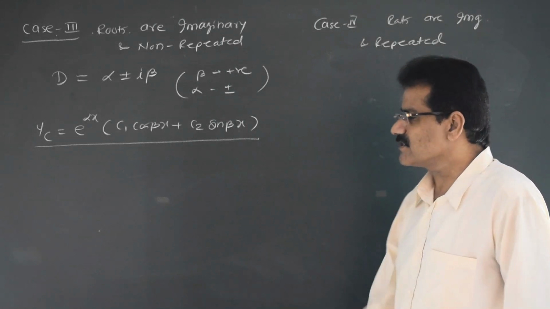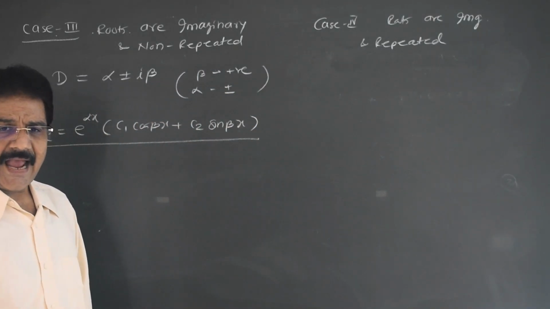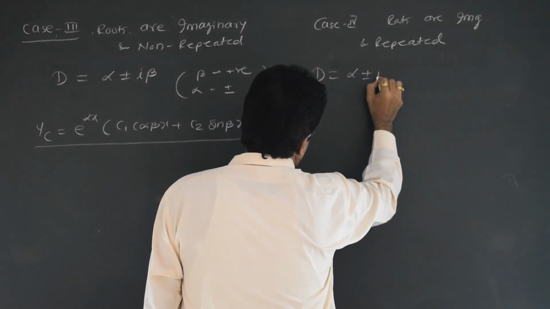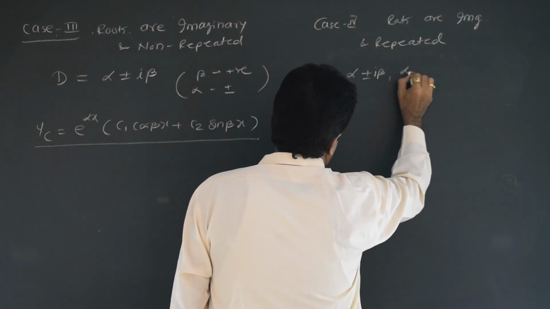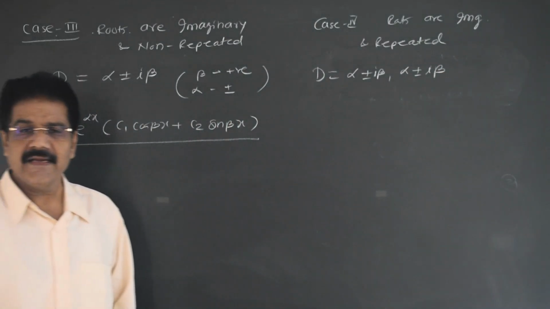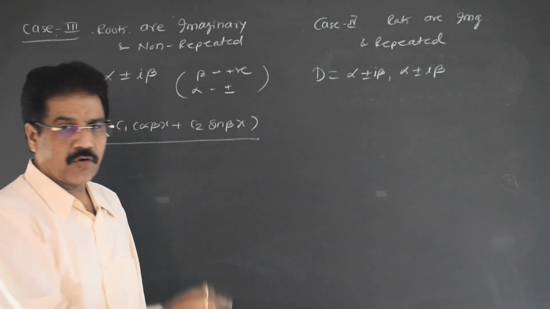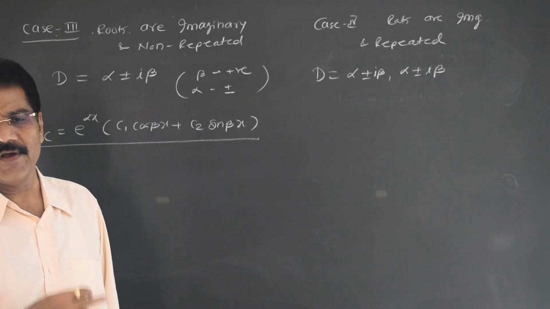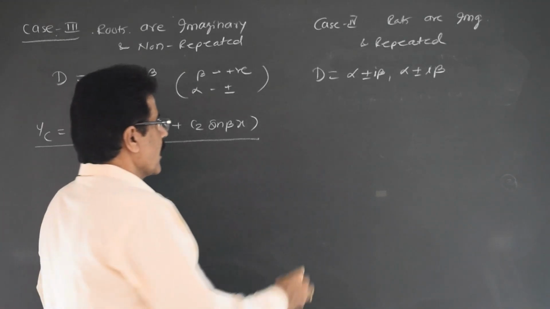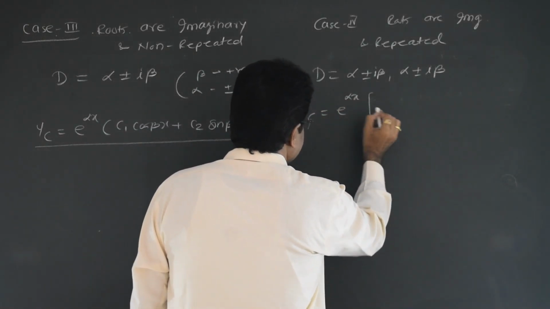Now we will see case number 4 when the roots are imaginary and repeated. In short, we can write down D is equal to alpha plus or minus i beta, alpha plus or minus i beta. Means the roots are getting repeated 2 times. In all, there are 4 roots, and if there are 4 roots, we have to write down yc up to c1, c2, c3, c4, and therefore yc is written as e raised to alpha x as it is outside.